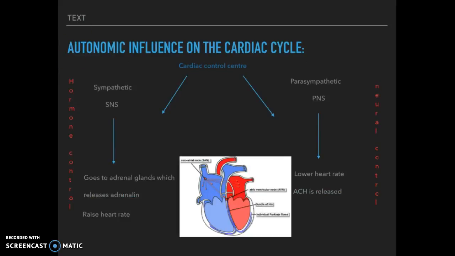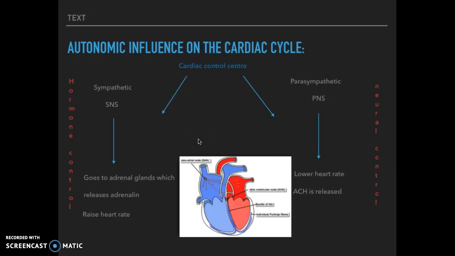The autonomic influence of the cardiac cycle. So, as we said, the AV node, and these impulses are actually telling you how quick your heartbeat is going to go. So it can go down these two different routes: the parasympathetic nervous system or the sympathetic nervous system.